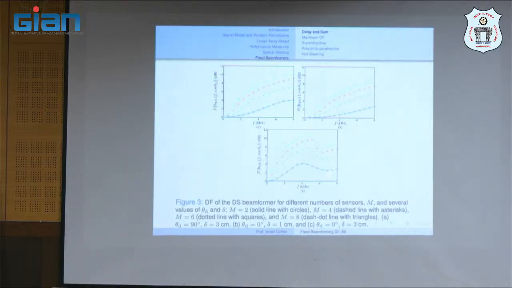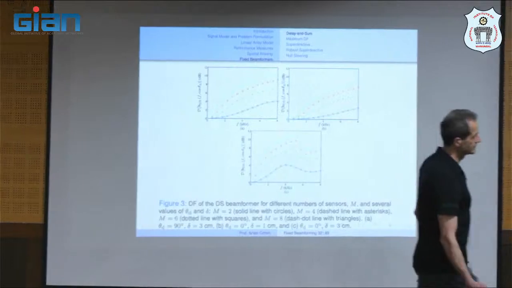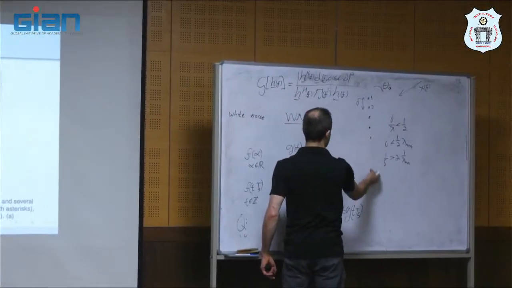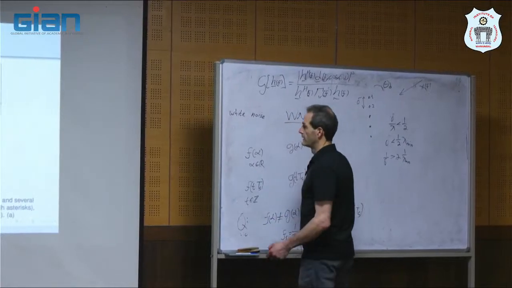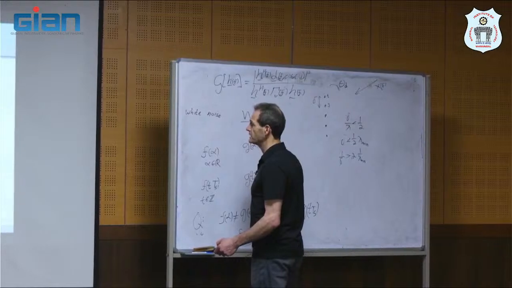In the third case, theta d is 0, which means the desired source comes from the endfire, but the distance between the sensors is 3 centimeters.